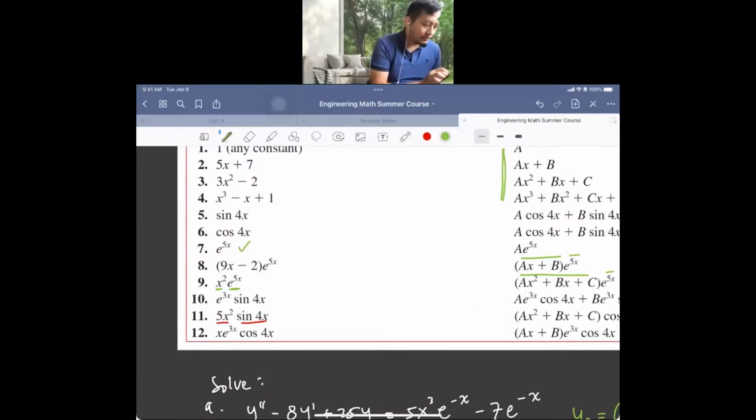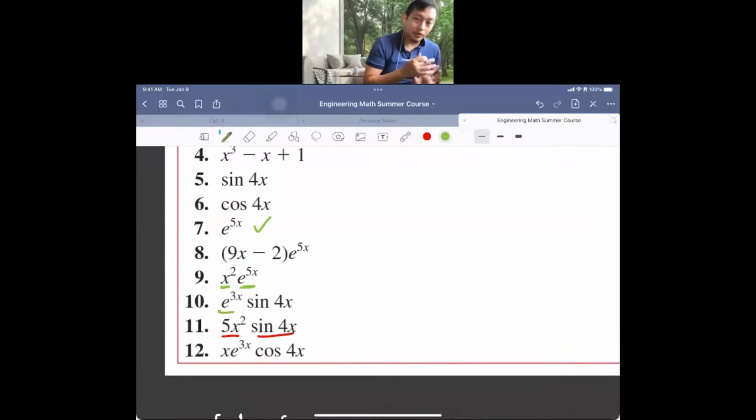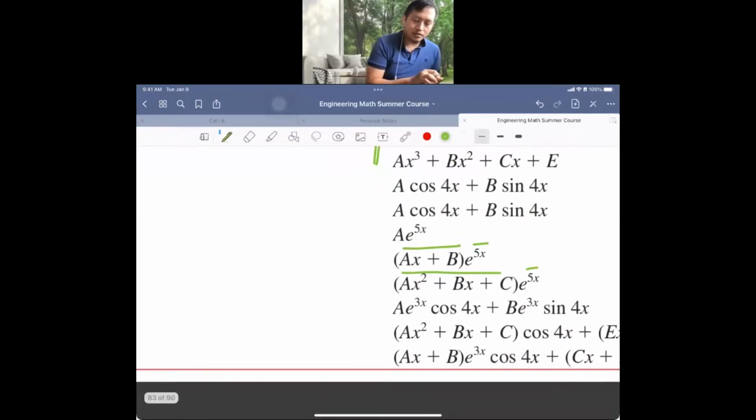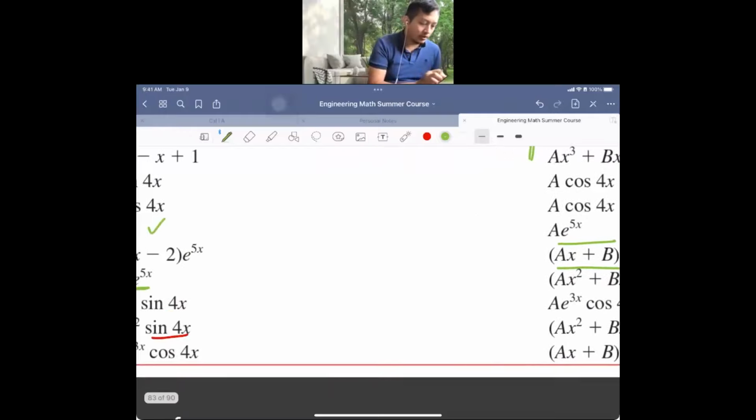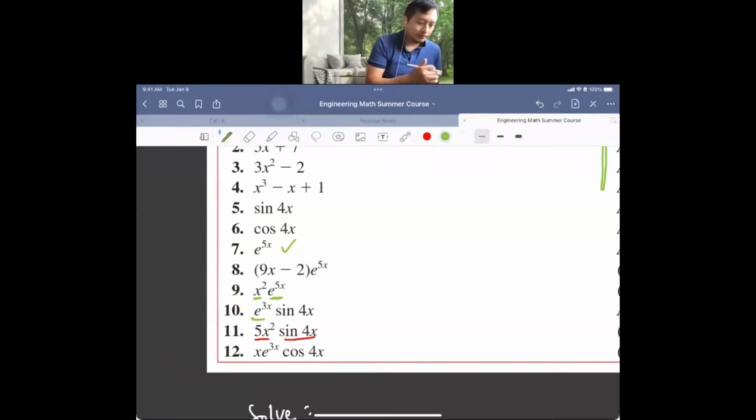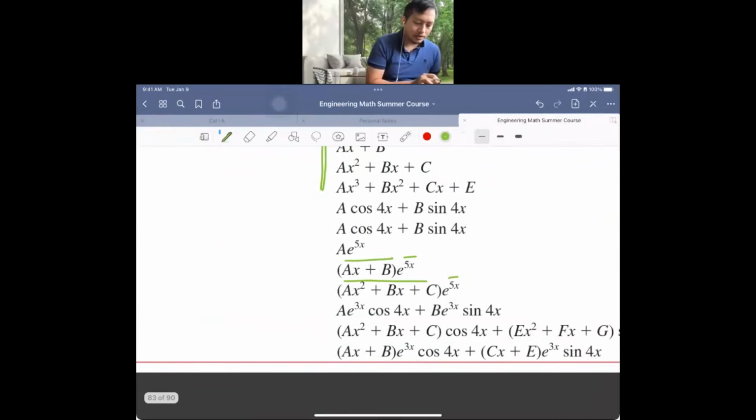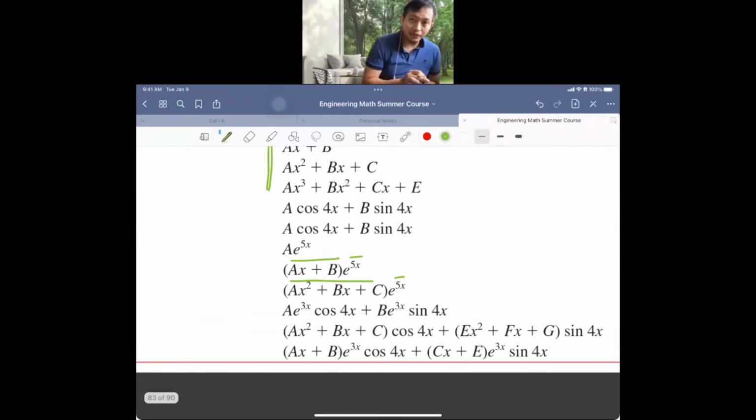What happens if we have e with a trigonometric? Then we just multiply with e. I think that's quite easy to see. Then with polynomial and trigonometric, we multiply both cosine and sine with a polynomial based on its degree, here degree 2.